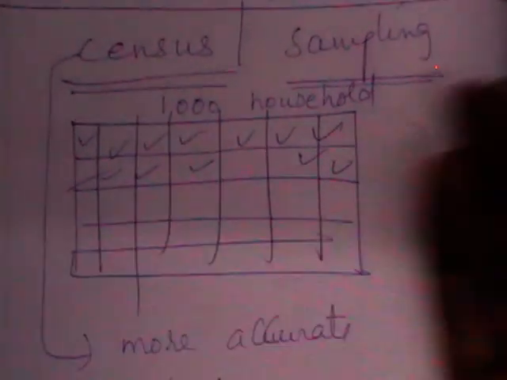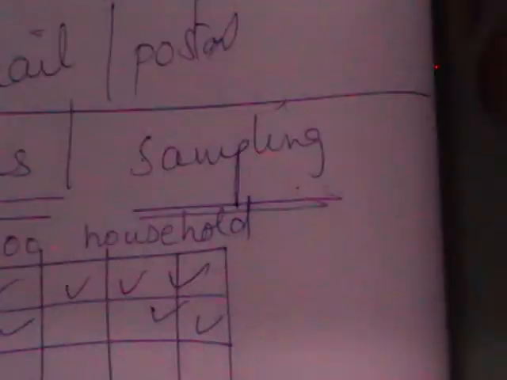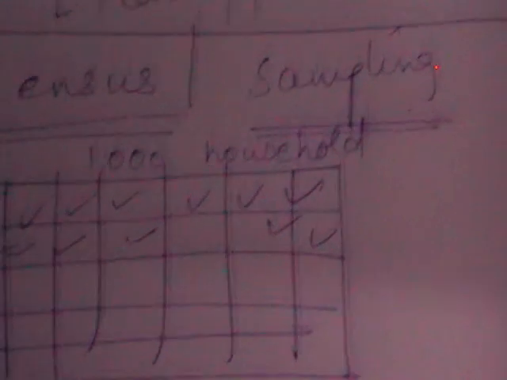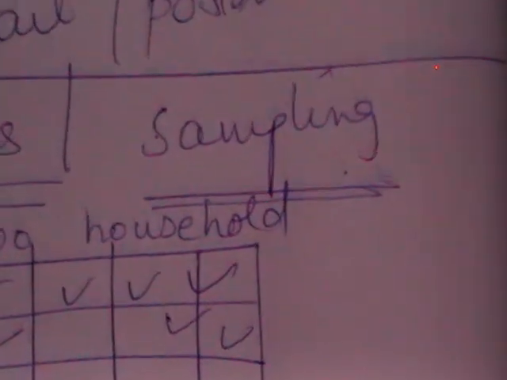So to reduce these two factors, we go for sampling. What do you mean by sampling? Whenever we have less time and a limited budget, instead of studying each and every unit in the population, we get information from a subset, a small part of the population.